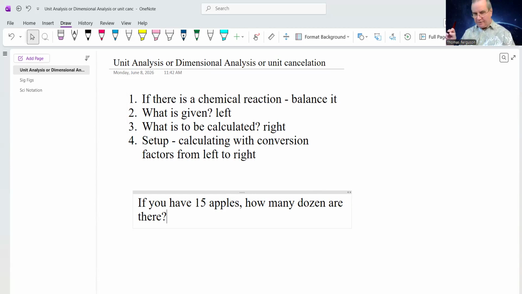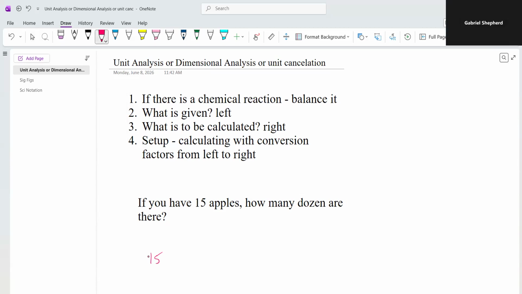No. So skip number 1. What's given? 15 apples, exactly right. Okay, what are we trying to calculate? How many dozen? So now we do the setup from left to right.